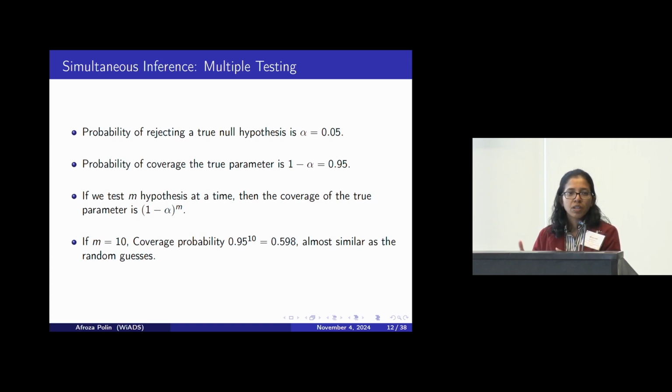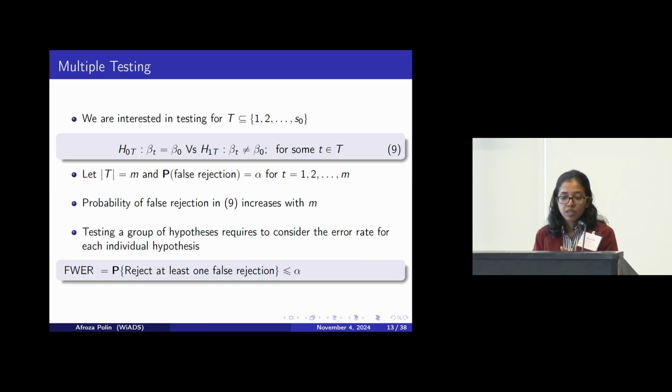So as you are increasing the number of predictor variables, you see that the chance of true coverage is decreasing. So we need to consider that part.